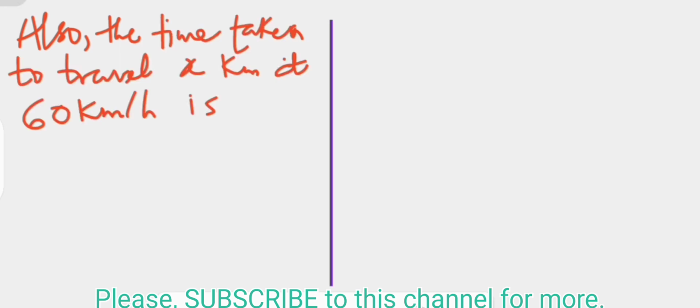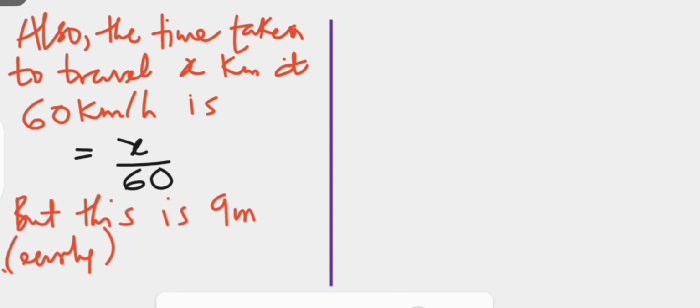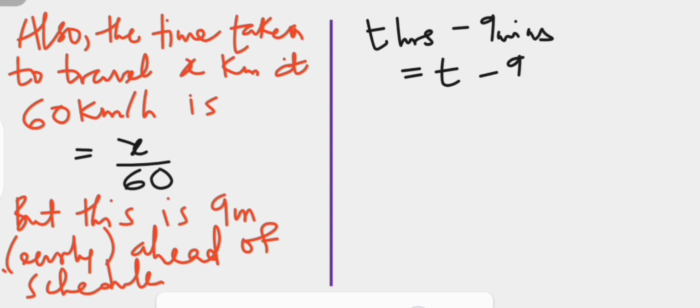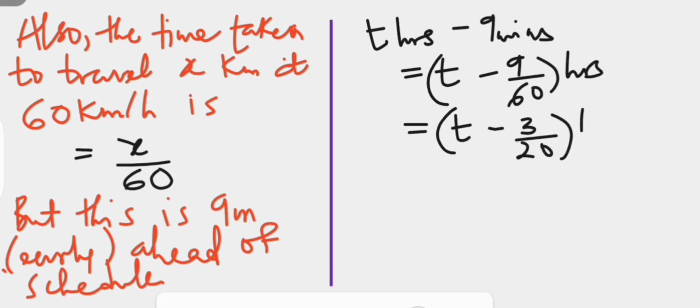Similarly, the time taken to travel the same distance x kilometers between the two villages at 60 kilometers per hour is the distance x over 60, the speed. From the question also, this time is 9 minutes ahead of the schedule. That simply means 9 minutes early. So that simply means that the time taken to travel at this speed is t minus 9 minutes, which also needs to be changed to hours, which is t minus 9 over 60 in hours, and that is t minus 3 over 20 hours.